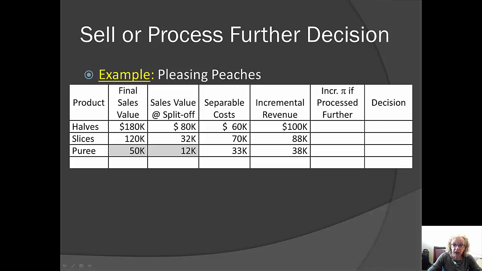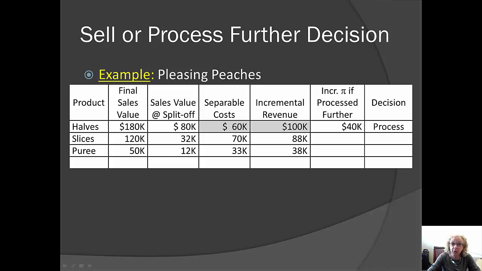Now, how much additional profit do we get if we decide to process each product further? In the case of peach halves, we get $100,000 of additional revenue, and it only costs us $60,000 to can those peach halves, giving us a $40,000 increase in profit.